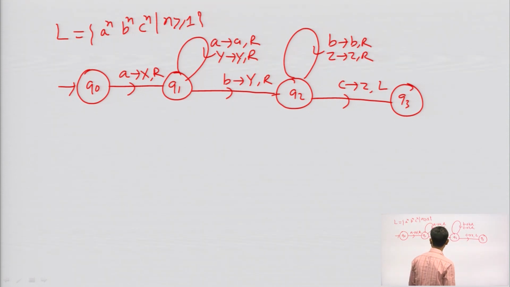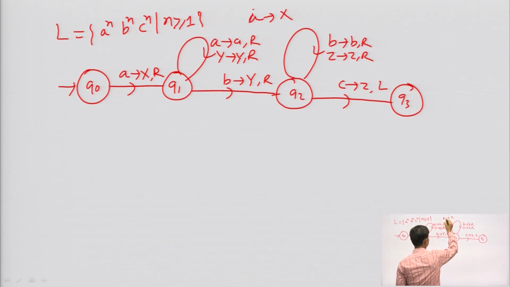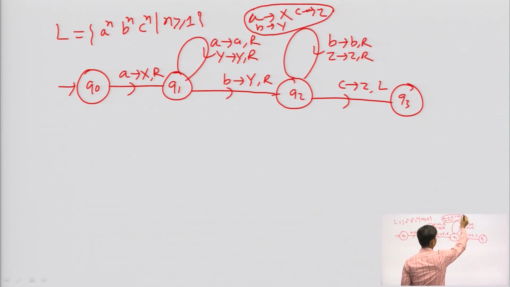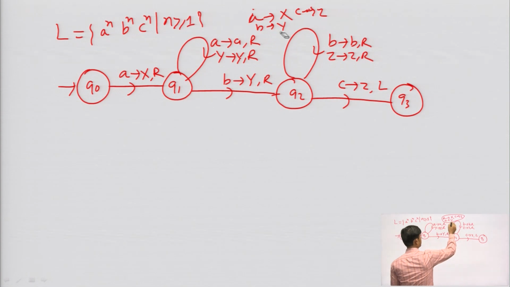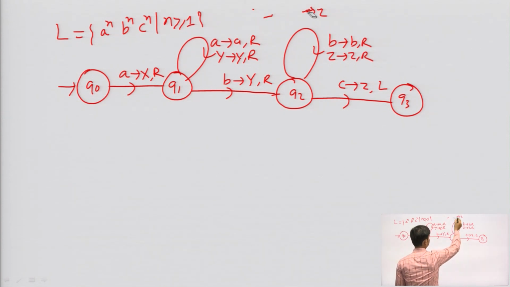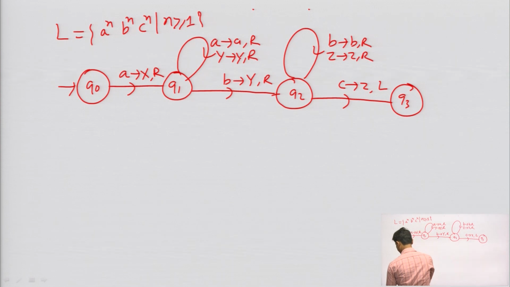So you see what you have to do here. Suppose a is replaced by x, b is replaced by y, and c is replaced by z. You have to take these three. a is replaced by x, b by y, and c by z. Erase this.